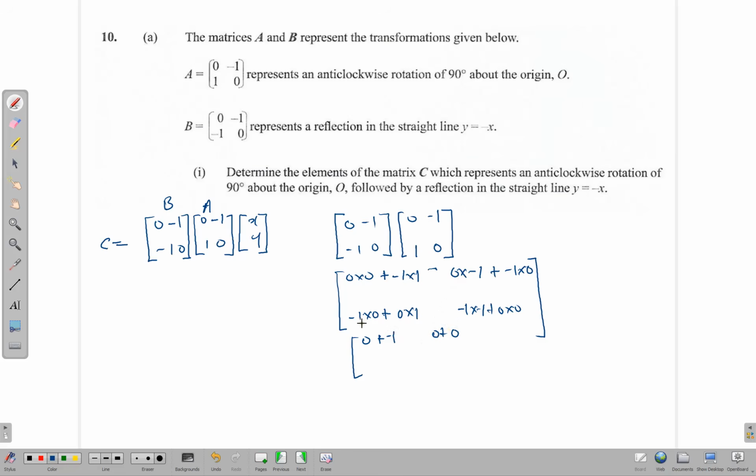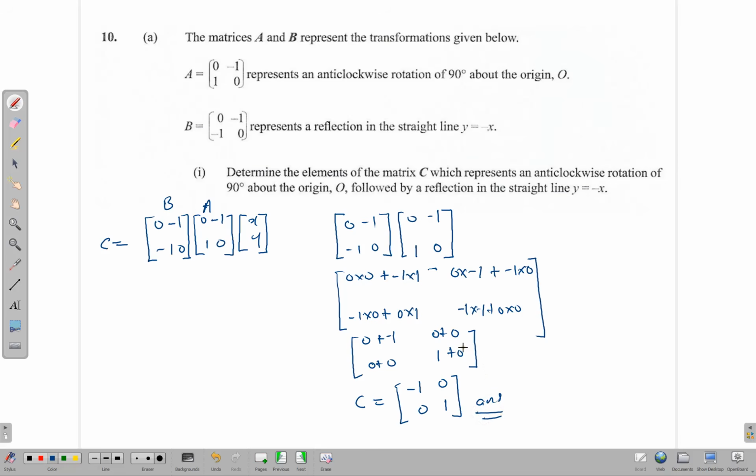Here it gives us again 0 plus 0, and here it gives us -1 times -1 is +1 plus 0. So our answer then in terms of C would be equal to [-1, 0; 0, 1]. And that is our answer there.